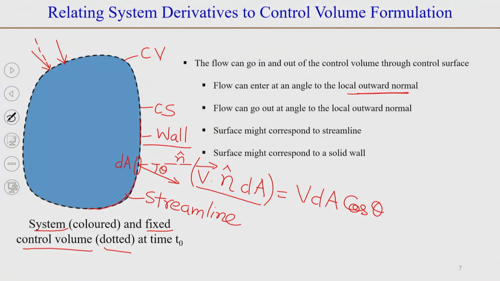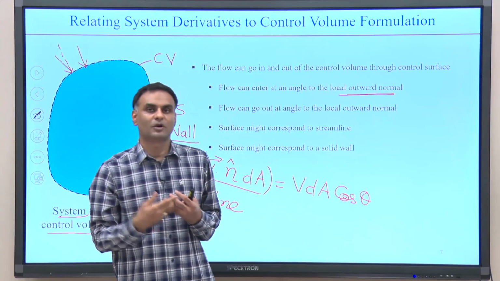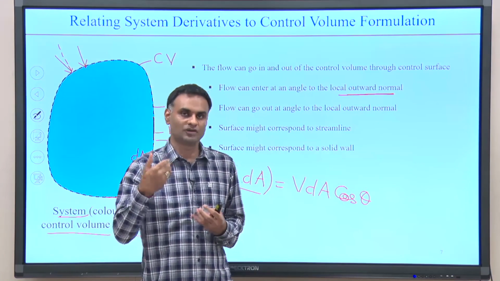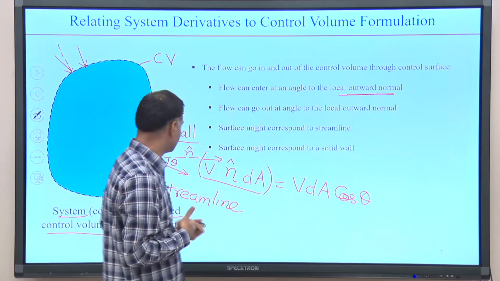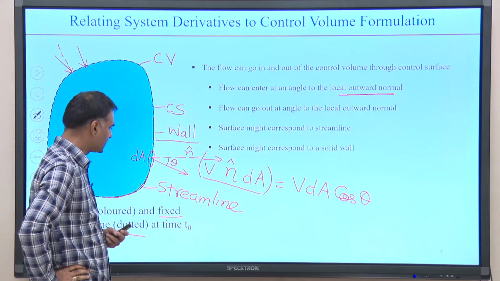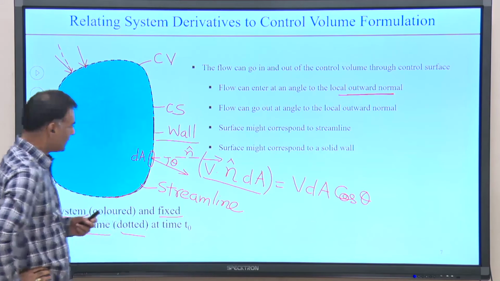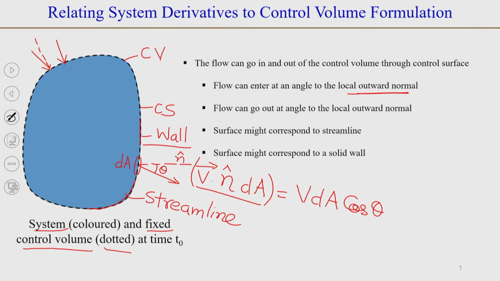So, when the flow is going out, V dot dA will be positive, but when the flow is coming in, it will be negative. So, through V dot dA vector or V dot n dA, we can obtain the volumetric flow rate, and if we multiply it with density, we will get the mass flow rate.